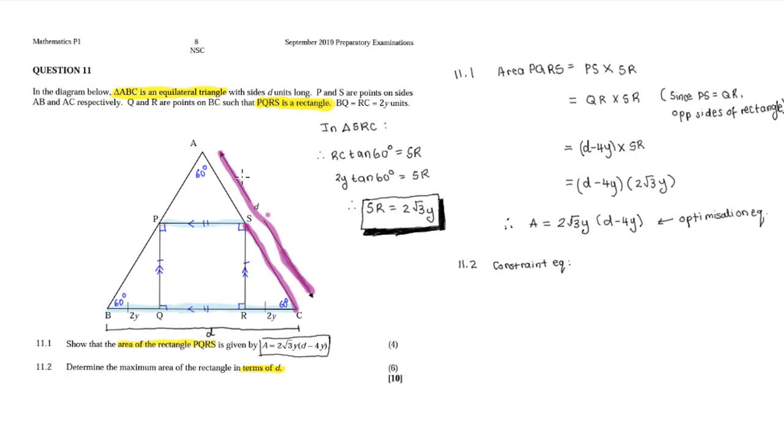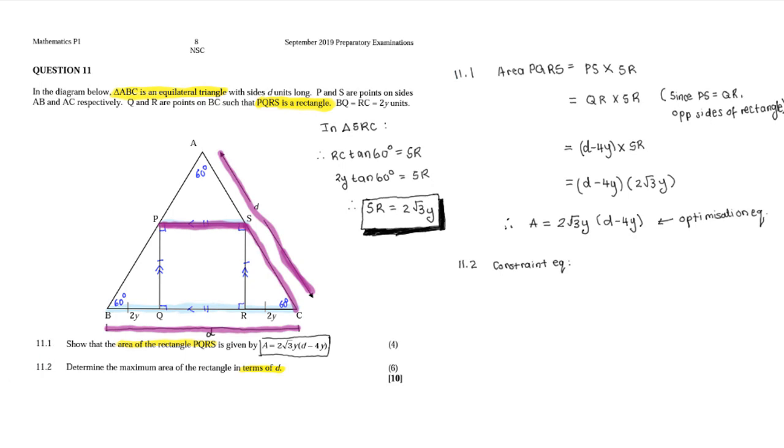Then we need to find partners to work with. Our partners are alongside: BC, because we know what BC is, against PS, and we know what PS is. PS is equal to QR, and QR is equal to D minus 4y.